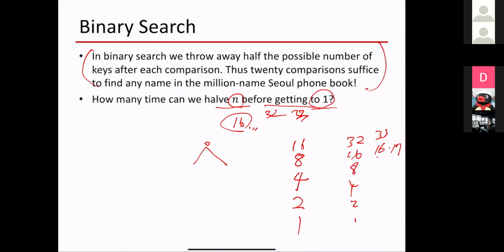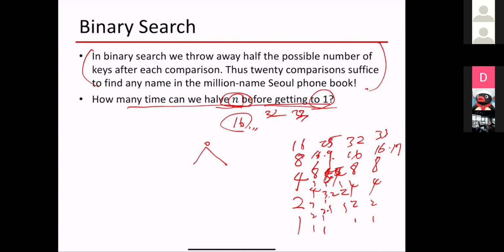Then from here, I can take this guy. What if it is 25? I can halve it to 16 and 9. From here, I can halve it 8, 4, 2, 1. It is 4 and 5. Let's say 5 and 4. I can halve it 2, 1. 5 is 3 and 2. 2 and 1. 2 is 1. Something like this.